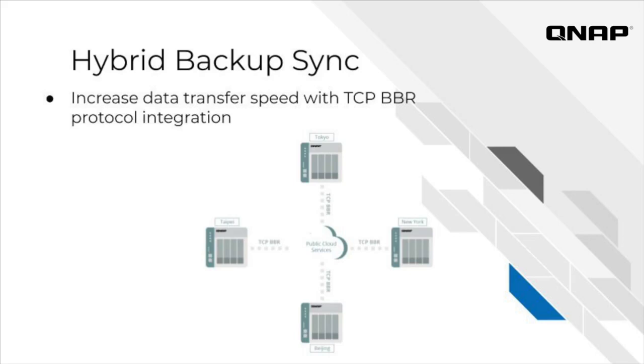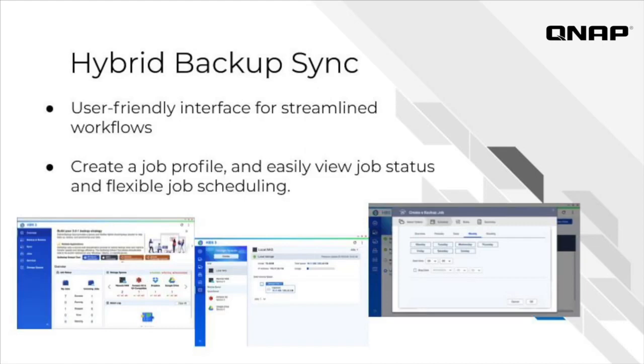Lastly, HBS offers a very user-friendly interface for creating a backup job, restoring it, and even creating a sync job. You no longer have to visit different applications to start your backup jobs, restore jobs, or sync jobs. It's all in one application, as I was mentioning before. With the same application, you can set up a backup job, a restore job, and also a sync job.